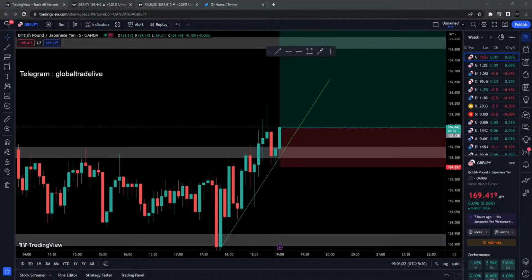Took a buy trade at this point, keeping my stops at 169.257. Also will be ready to manage the risk.